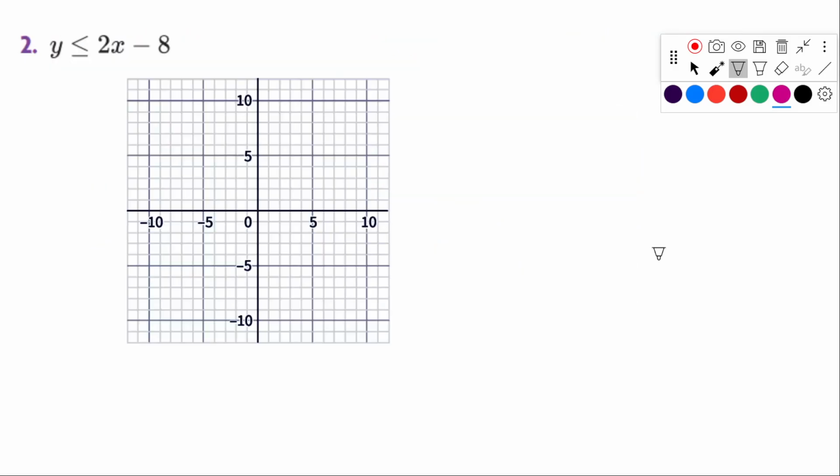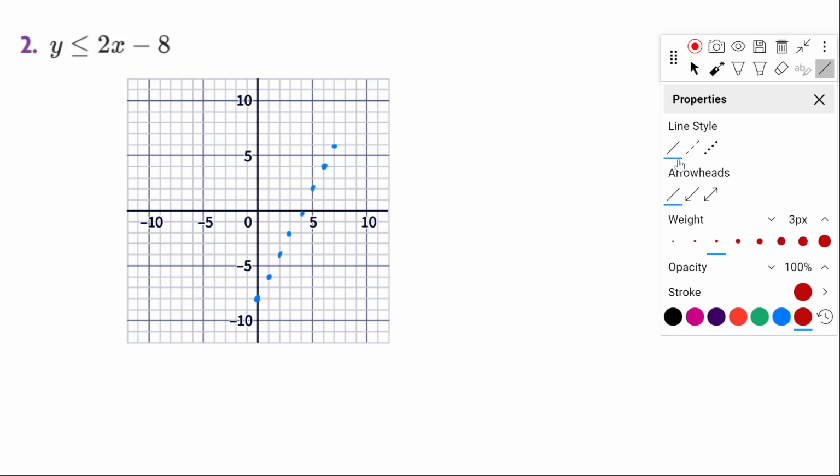And the last example. Again, it is in slope-intercept form. Makes it just a tad bit easier for us. I can start by plotting the y-intercept at -8. Our slope is 2, so that's up 2, right 1. It does say less than or equal to. That means our line will be a solid line because of the equal to.